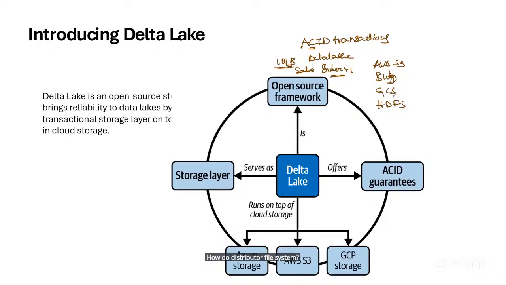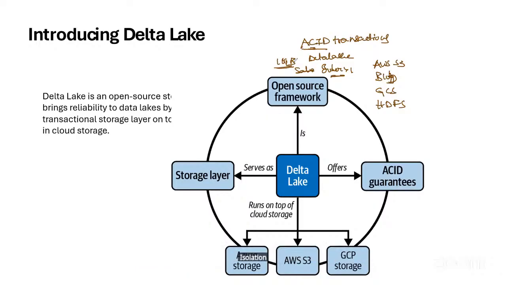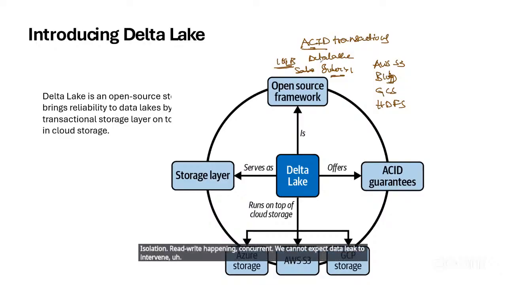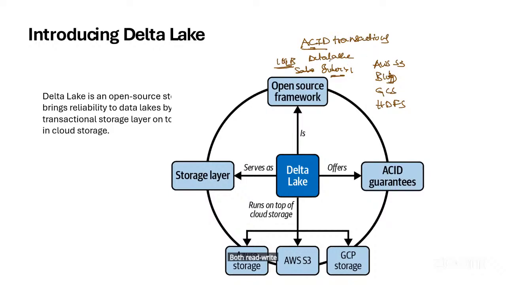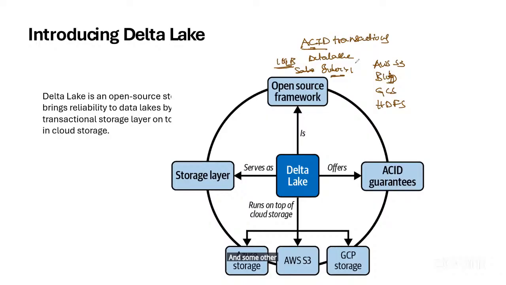You can save any kind of data, but you cannot expect ACID transactions: atomicity, consistency, isolation, with concurrent reads and writes. We cannot expect the data lake to take responsibility for read and write operations happening on the same file. Say a 10 GB file, 5 GB has come in, and some other person is trying to read that file.